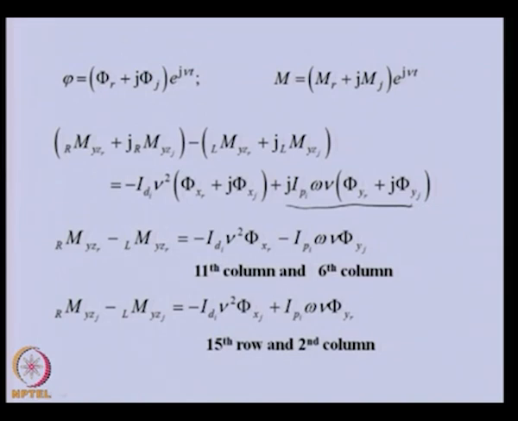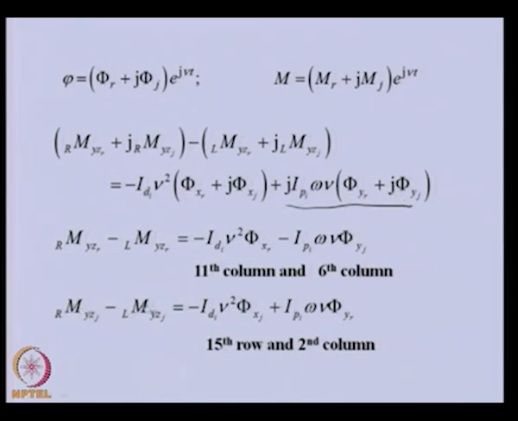Now, if we equate the real part and the imaginary part, we get this as the real part. You can see the first term, this term, then the real part of this, and because the j is here, this will now be real. That is why this term comes here.